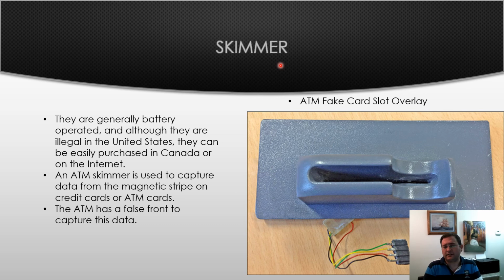An ATM skimmer is used to capture data from the magnetic stripe on credit cards or ATM cards. The ATM has a false front to capture this data. That's how they work. They collect the data from the false front.